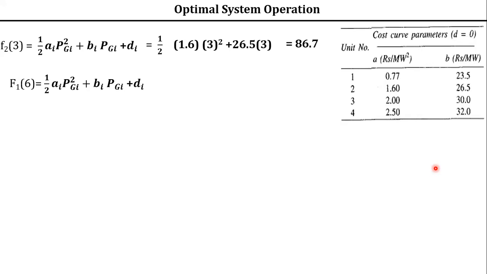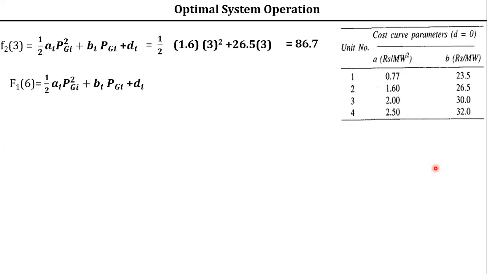Sir, one more question. In the cost equation, you are using half, 1/2. Right, I purposely wrote it there, and no one has asked about this one. First, while explaining the economic operation, I took alpha, beta, gamma as cost coefficients, and I have not mentioned half for PGI square.